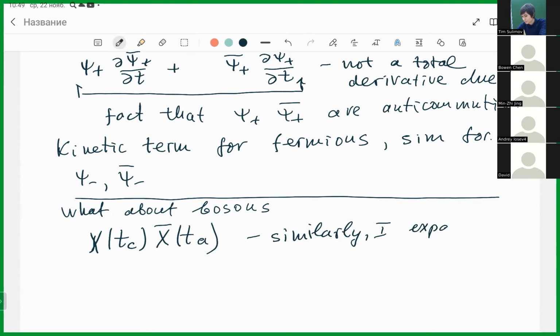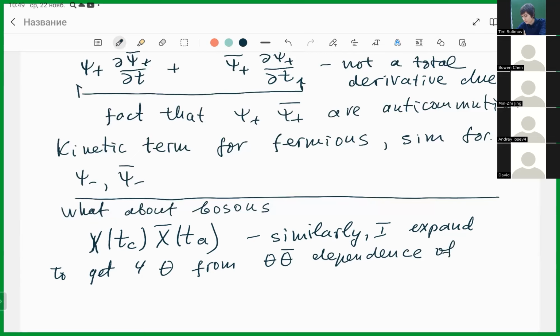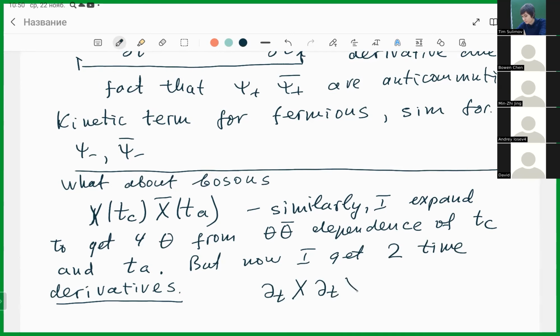Similarly, I expand to get 4 theta from theta bar dependence of T chiral and T antichiral. But now I get 2 time derivatives, and this would be the result.